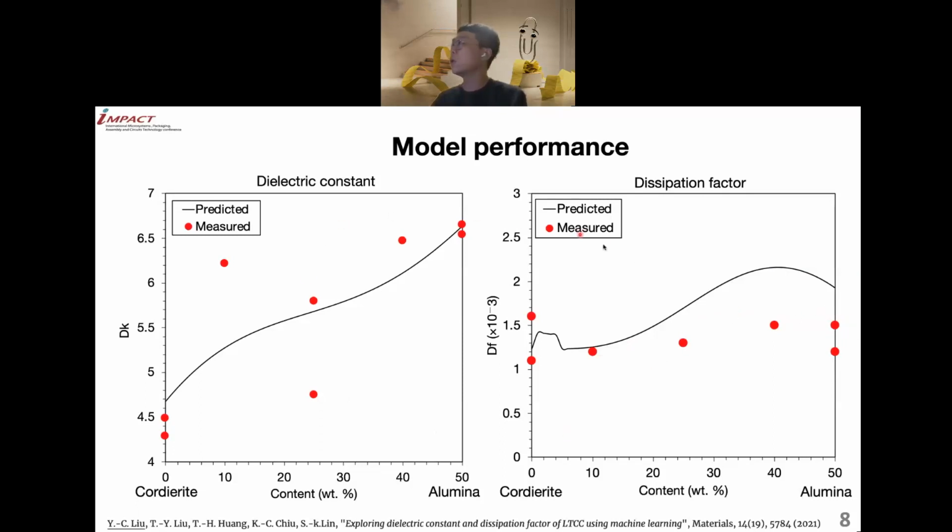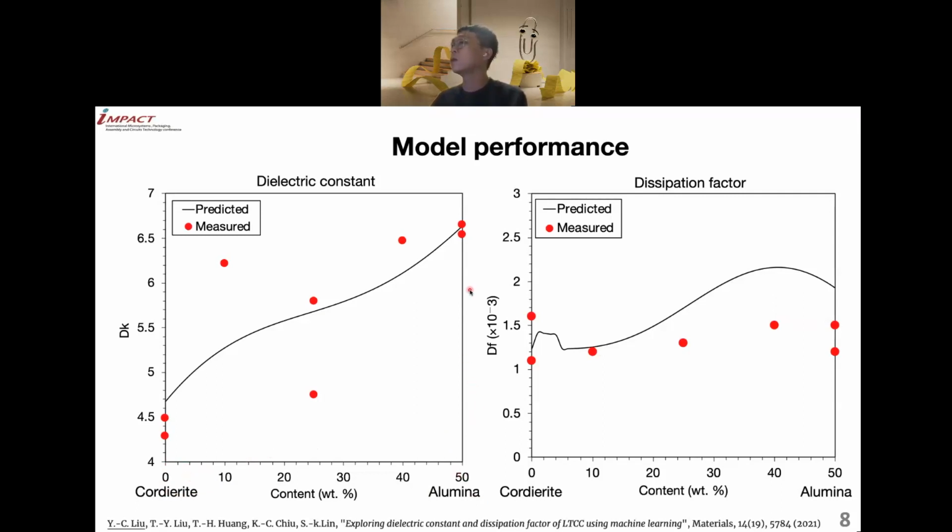So we can see not only the model performance, the predictive or interpolation ability, but also, for example, that this is from different glass spaces. This is from the cordierite space to the alumina space.